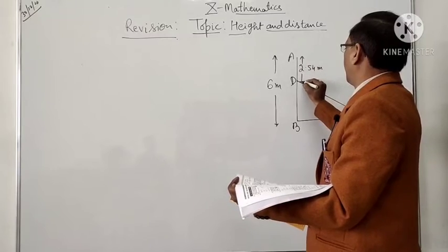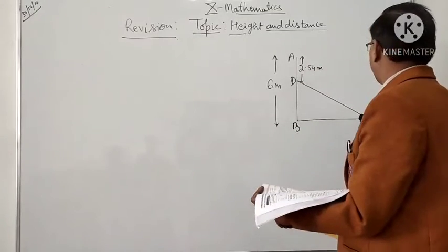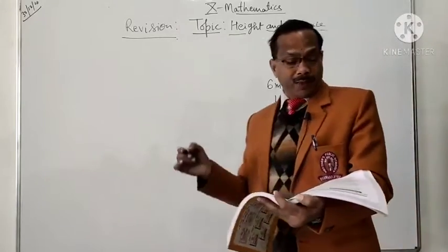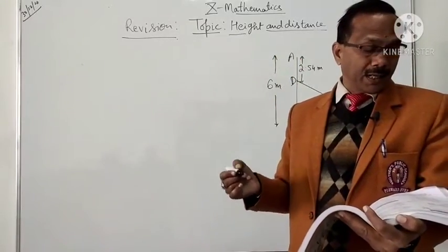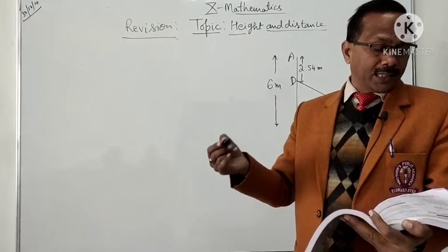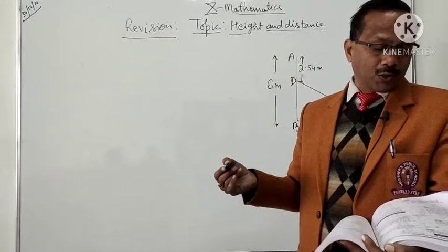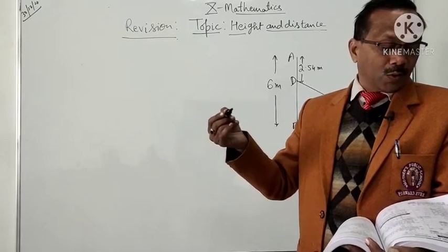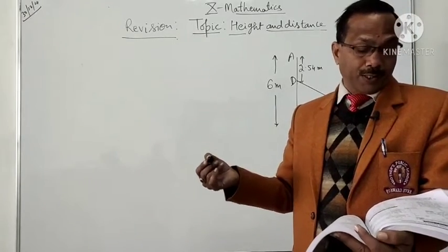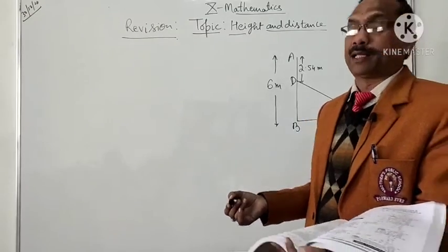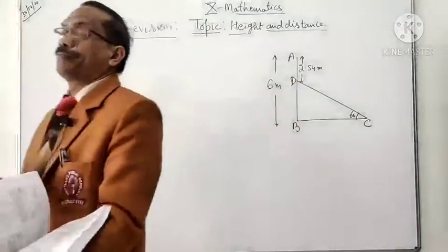This angle is 60 degree. So in the figure, AB is 6 meter, high pole, CD is the ladder inclined at angle 60 degree to the horizontal and reaches up to a point D of the pole. If AD is 2.54 meter, find the length of the ladder.